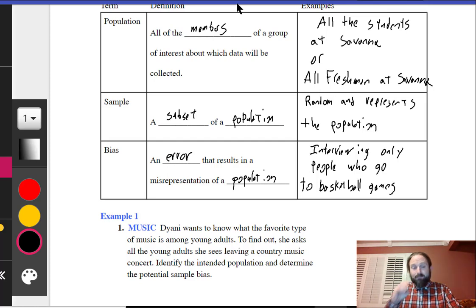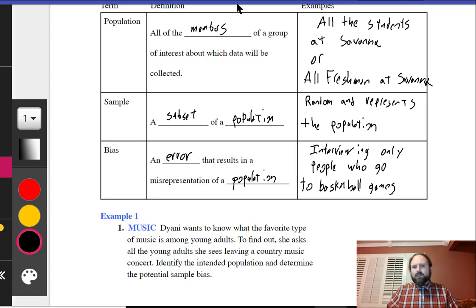Well, this would be a bias in our sample set. It wouldn't give us an accurate reading of the true Savannah population, or if we wanted to be specific, the freshman population, because not all freshmen go to the basketball game.